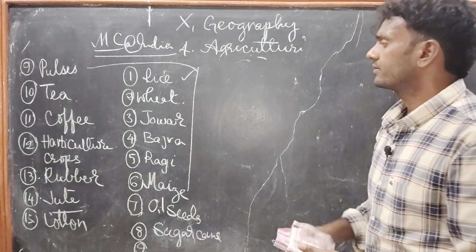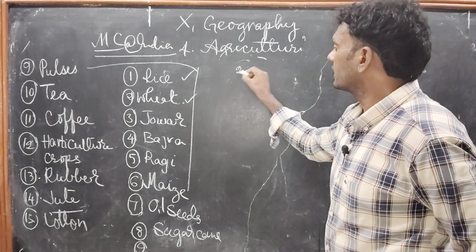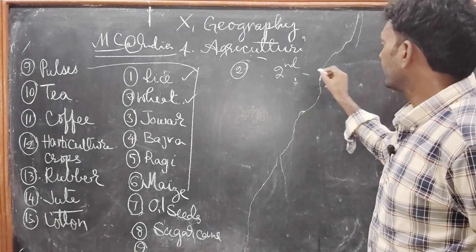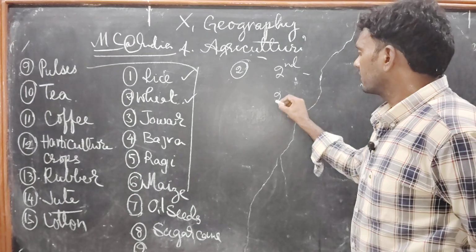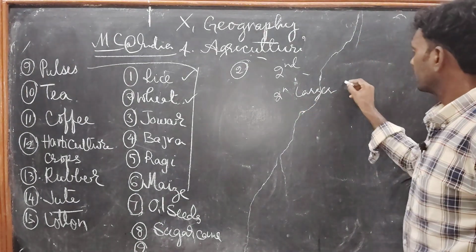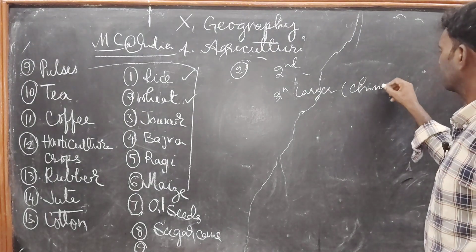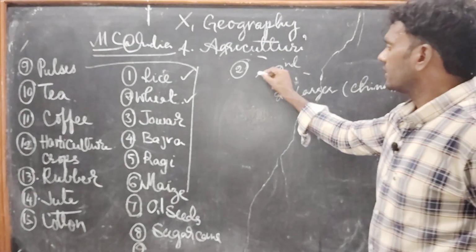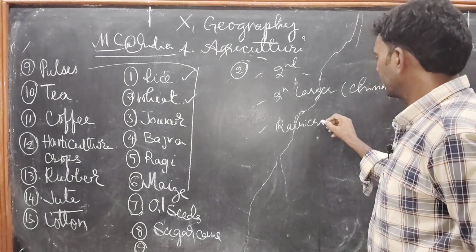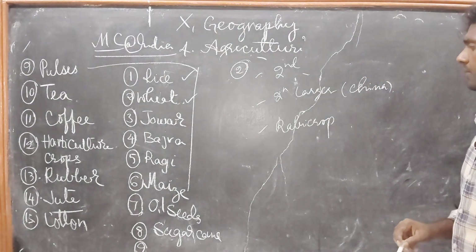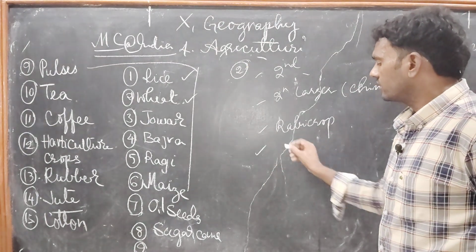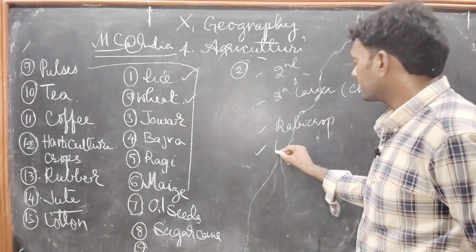That is about wheat. It is the second largest crop, the second most important crop in India, and also India is the second largest producer in the world after China. And it is a rabi crop. So we sow this rabi crop in the winter season only.